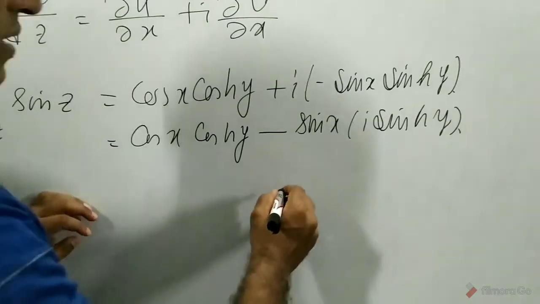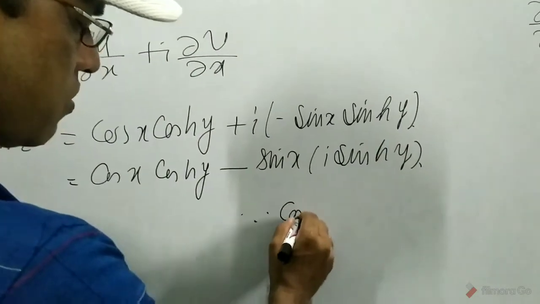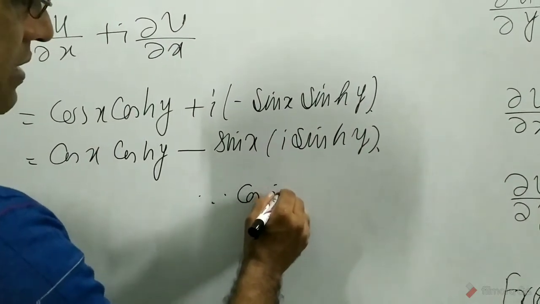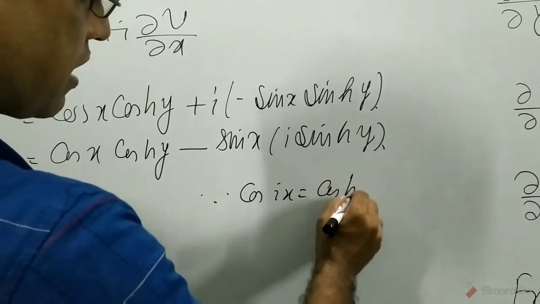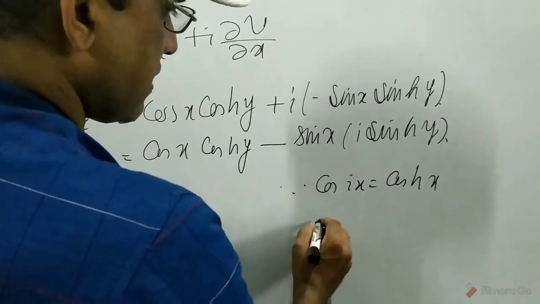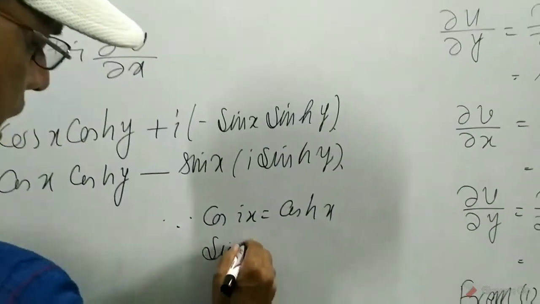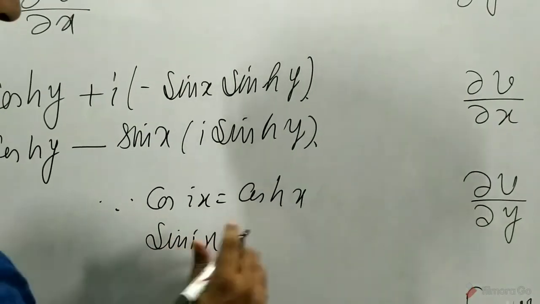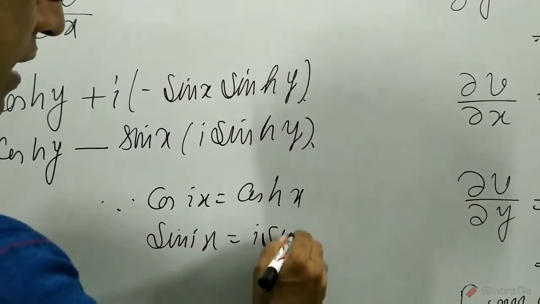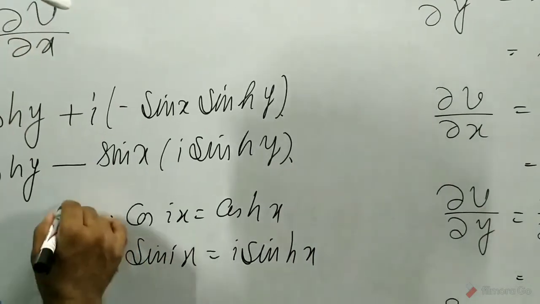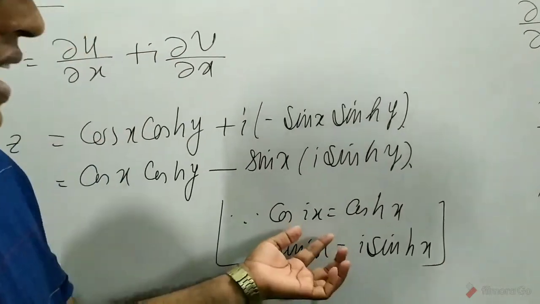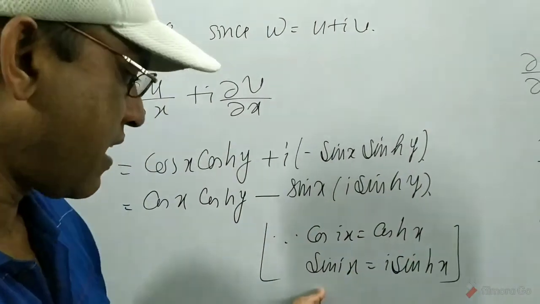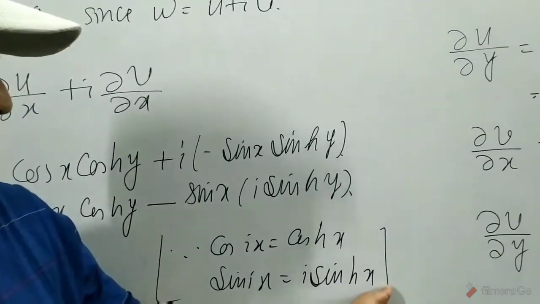Now we know this formula in complex trigonometry: cos ix equal to cos hyperbolic x, sin ix equal to i sin hyperbolic x.